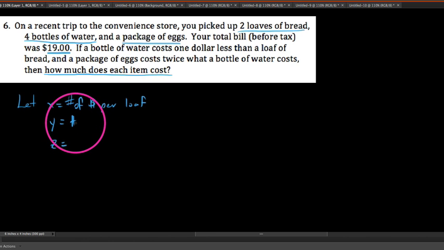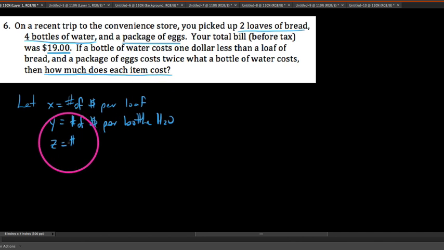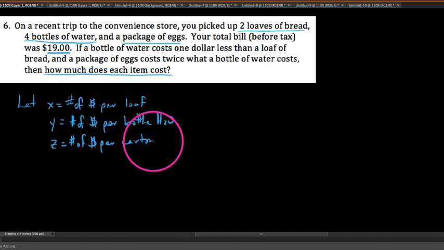Then y is the number of dollars per bottle of H2O, and z is the number of dollars per carton of eggs.